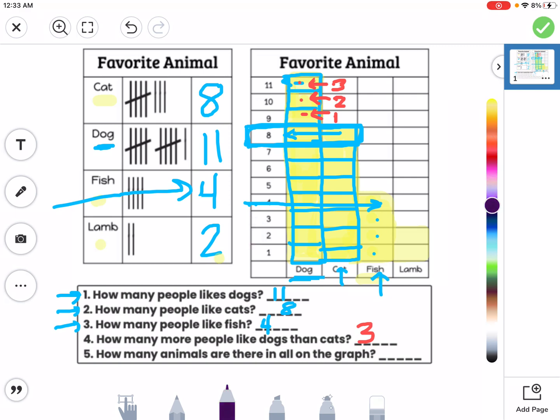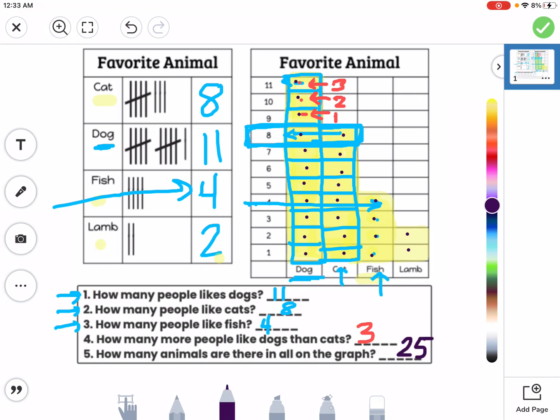And here we go. 1, 2, 3, 4, 5, 6, 7, 8, 9, 10, 11. We're only counting the ones that are colored in. So we have 11, 12, 13, 14, 15, 16, 17, 18, 19, 20, 21, 22, 23, 24, 25.